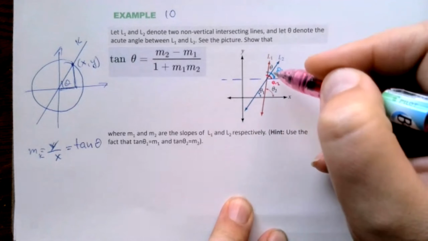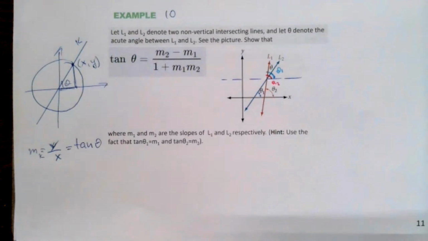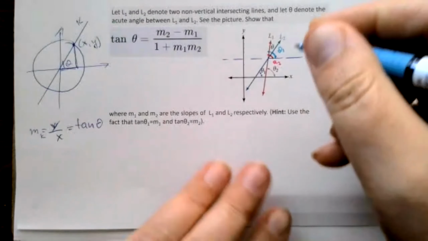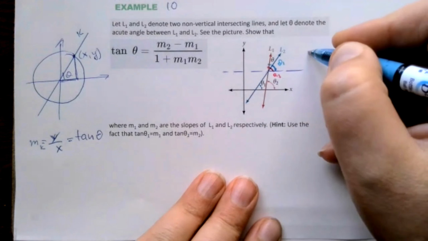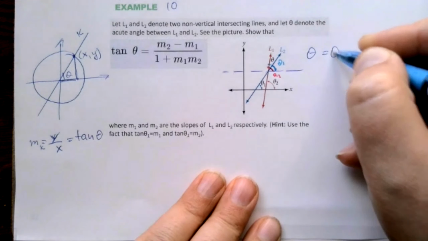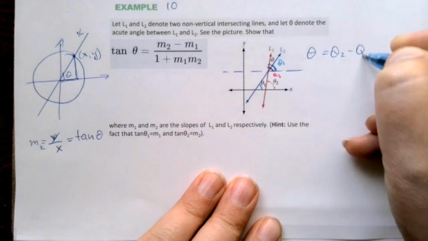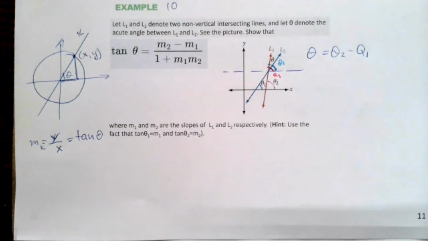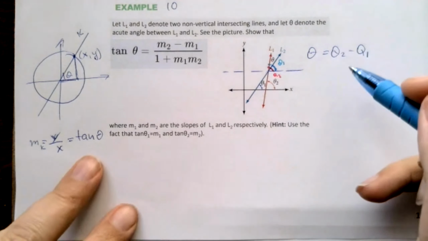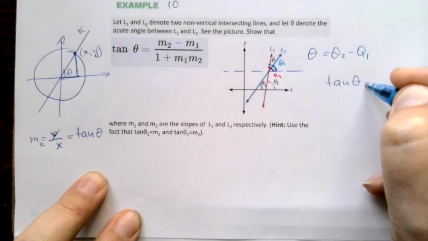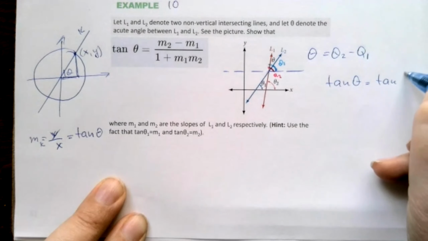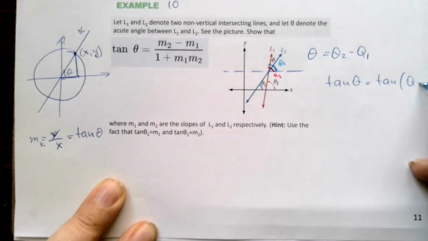So our angle theta basically is the difference, theta 2 minus theta 1. So theta is theta 2 minus theta 1. From here, we can conclude that the tangent of theta is going to be the tangent of theta 2 minus theta 1.